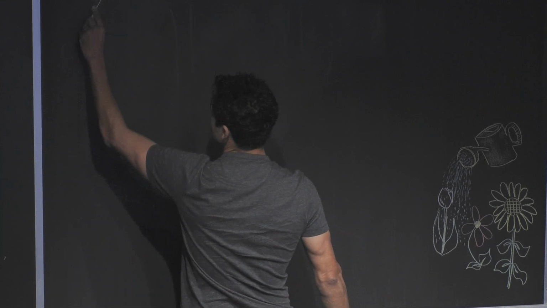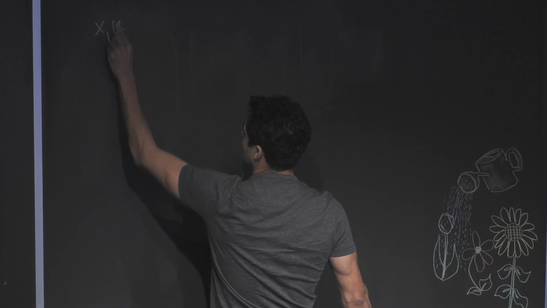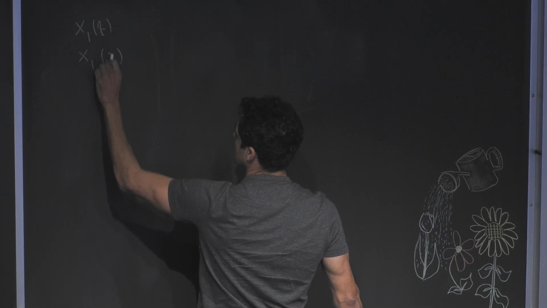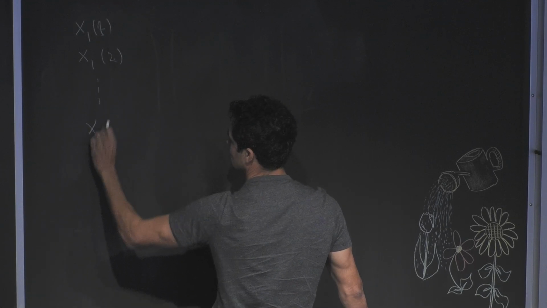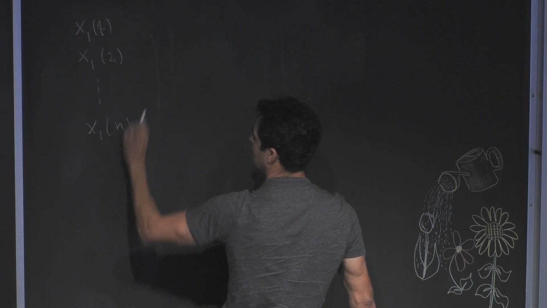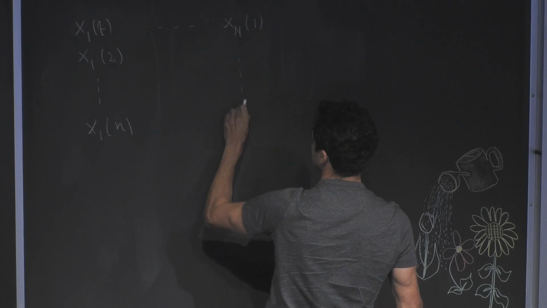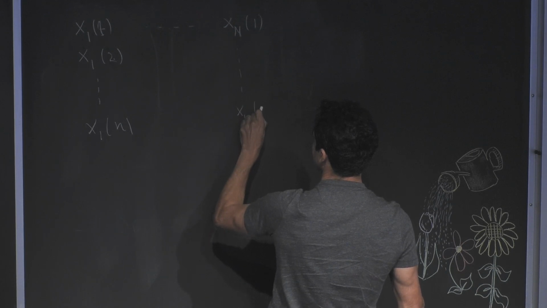I have this matrix here, x1 at time 1, x1 at time 2, x1 at time n, and then I have x big N at time 1, x big N at time n.